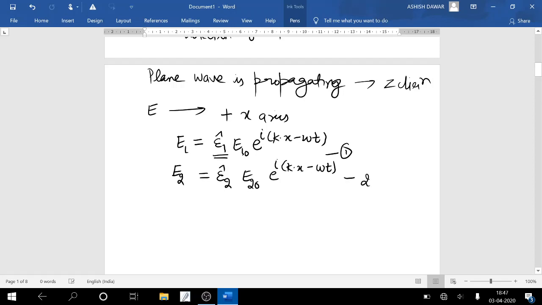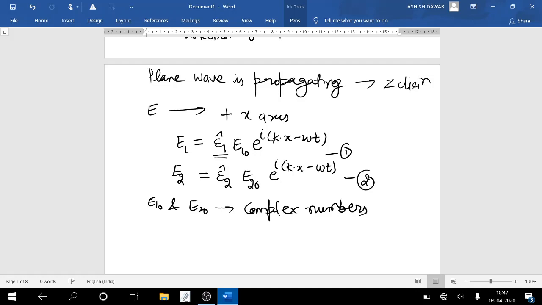Let it be equation number 2. Here the amplitudes E10 and E20 are complex numbers.